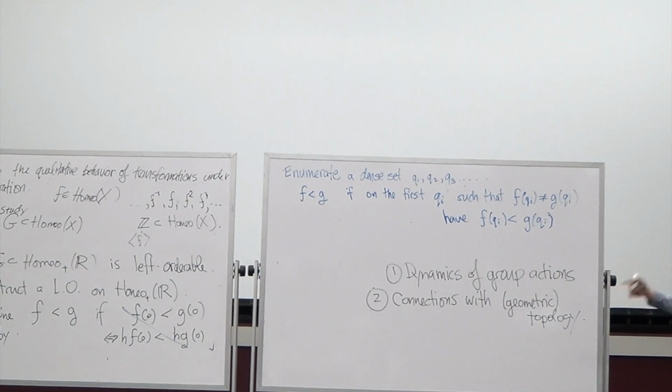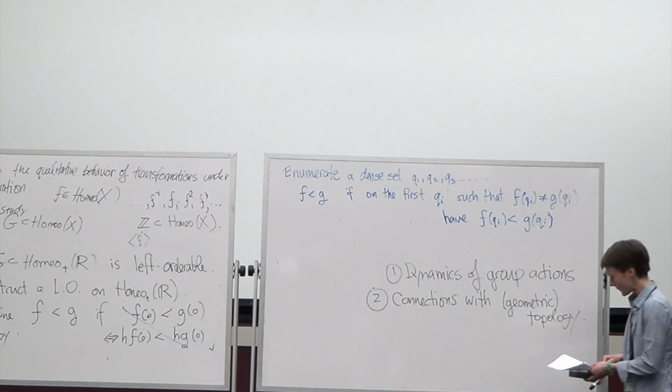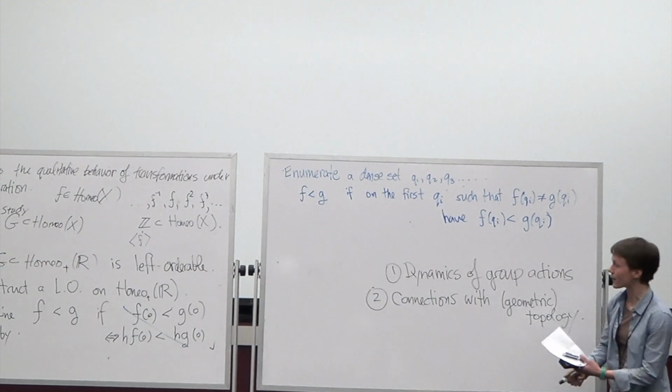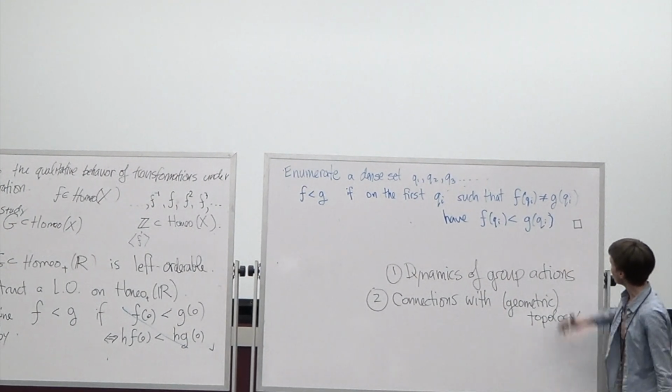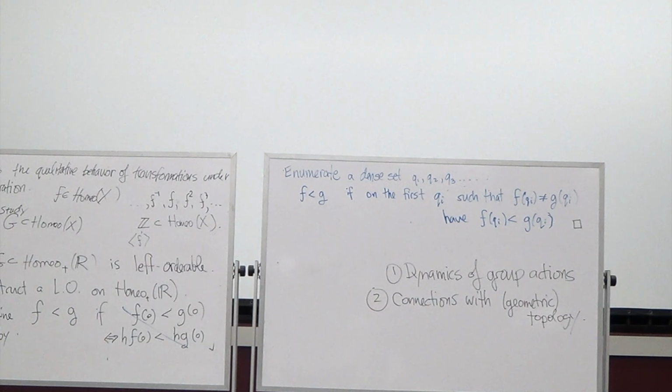And you can check that this is invariant under left multiplication, which here is post-composition. All right, so that's a construction of a left order, and that proves my proposition.